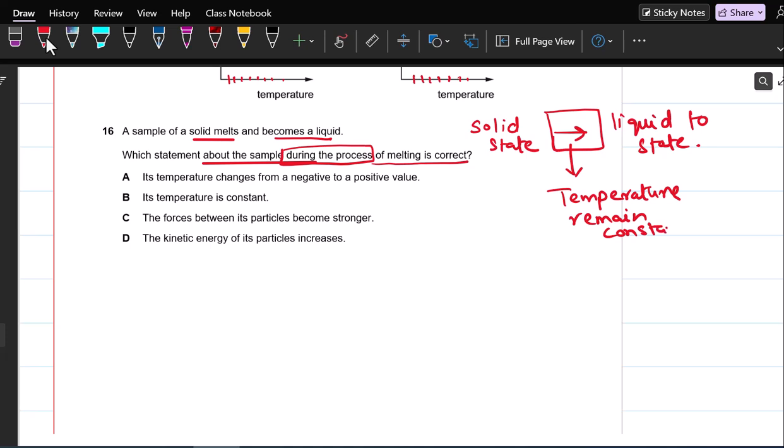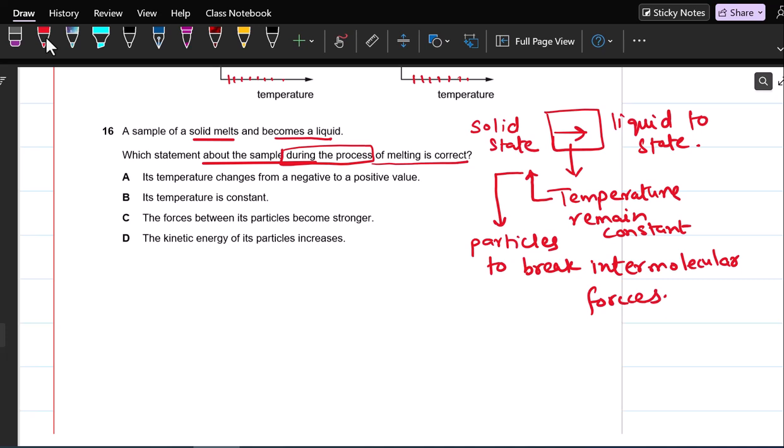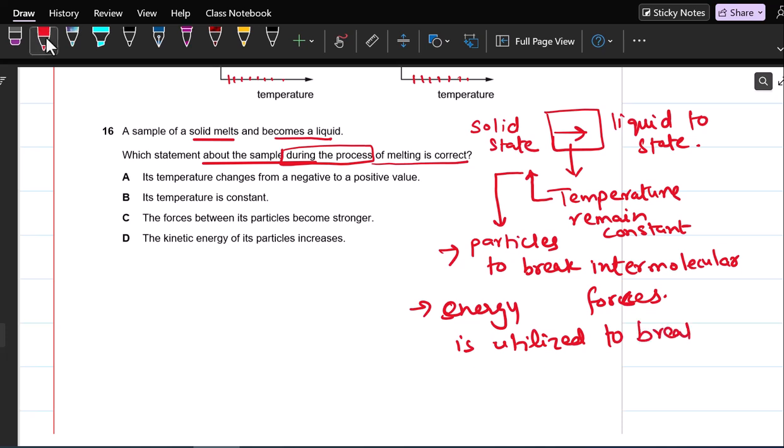The reason is some energy is going to be utilized by particles to break their intermolecular forces. Or you can say some energy is utilized to break the bond between molecules or particles. So temperature should remain constant.